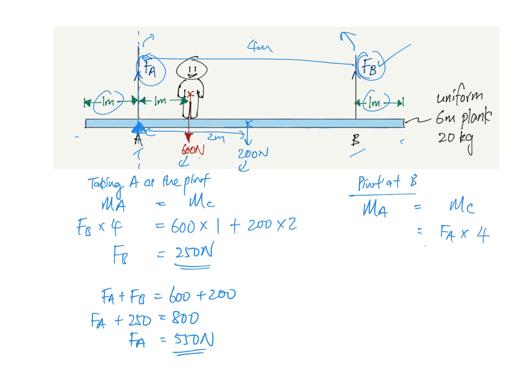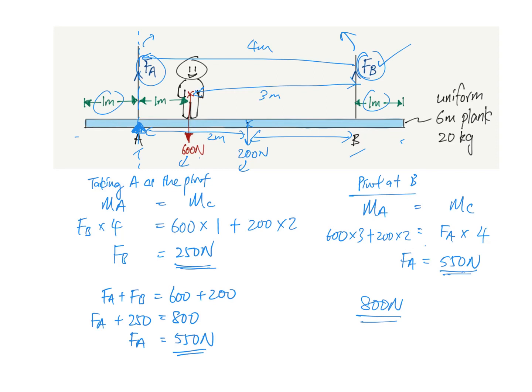Now the weight of the man, 600, will be creating an anti-clockwise moment, and from the weight of the person to the pivot B is 3 meters, plus the weight of the wooden plank times 2 meters to the pivot B. If you solve here, you will get back the same answer, 550 Newton. To double check, you just take 550 plus 250, and the total must give you 800 Newton. So that's how you solve this question.